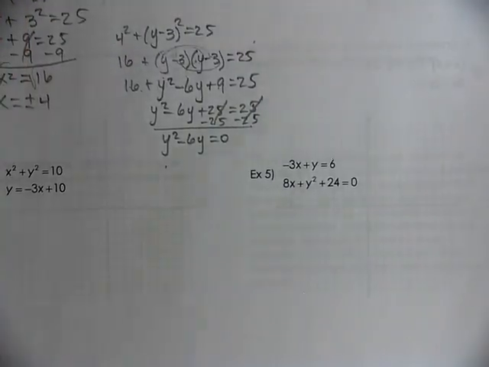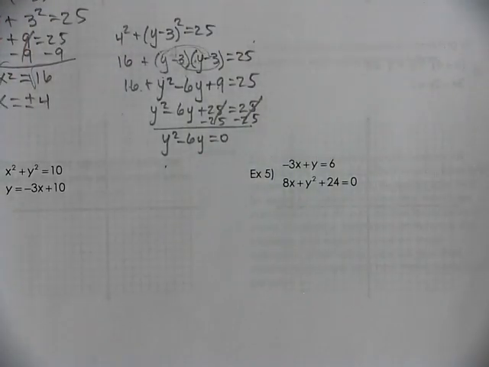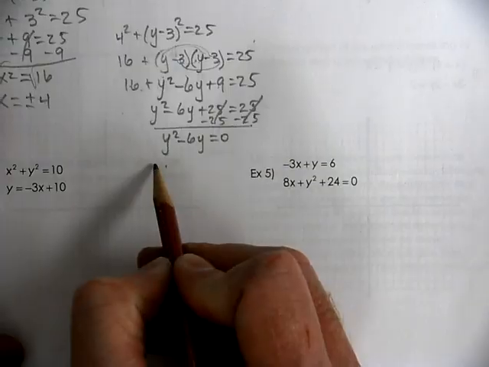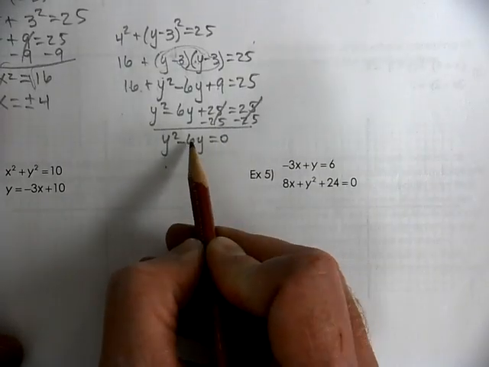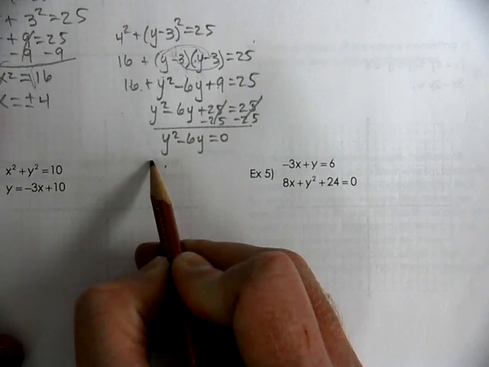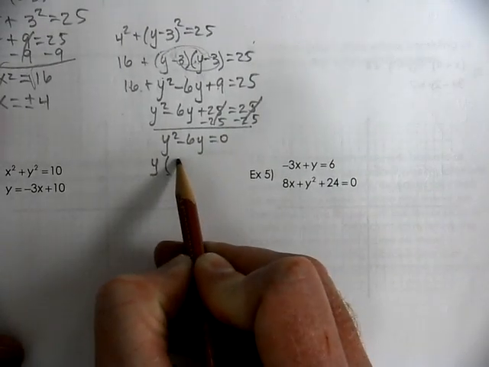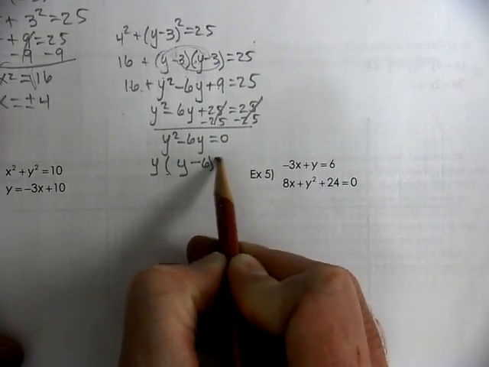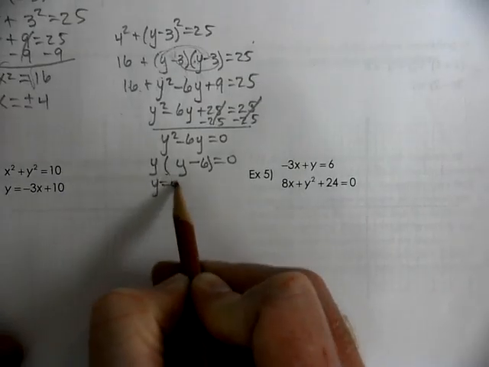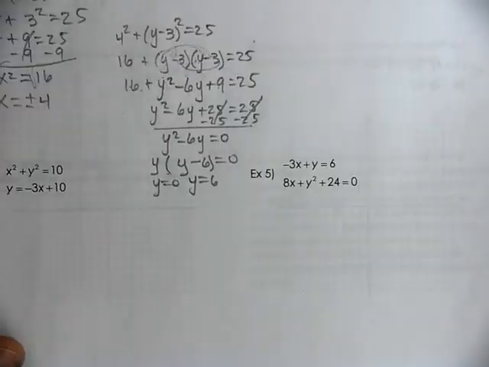What am I going to do with that? I can pull out, you don't want the 6y on the right side because it's a b value. We're just going to factor out. So I get y equals 0 and I get y equals 6.